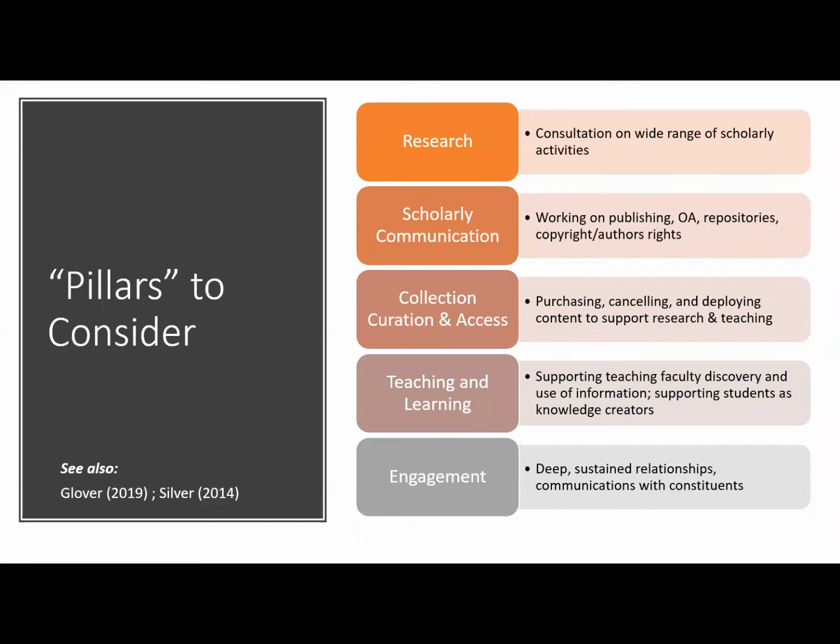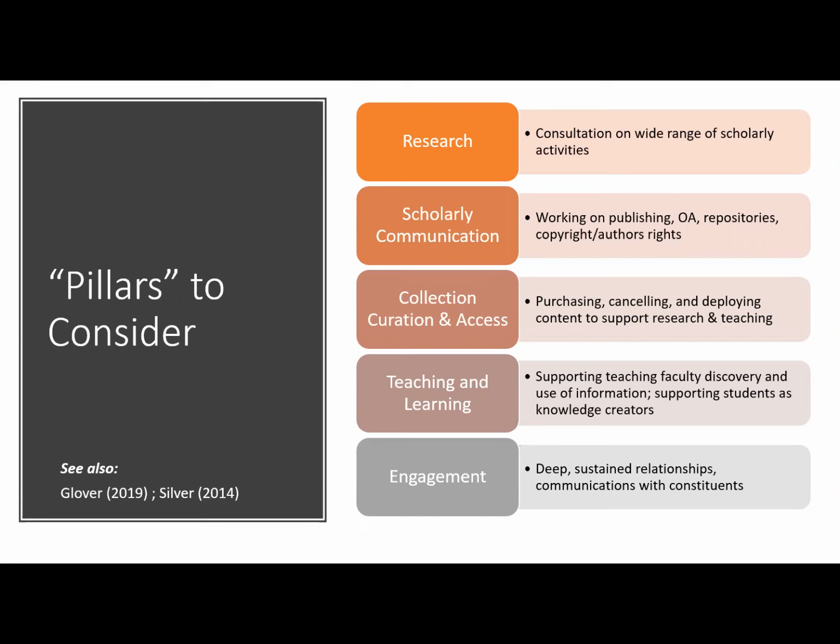And it's very similar to a set of pillars used in the Schoonover article in 2018. So you can use each of these to think about the kinds of activities that you undertake. For example, what kinds of support do you provide to researchers? Support to scholarly communication, support in teaching and learning, and other kinds of engagement. Start to write those down.